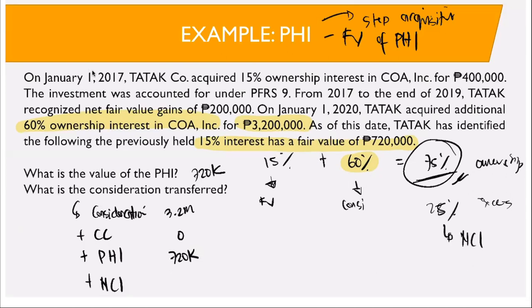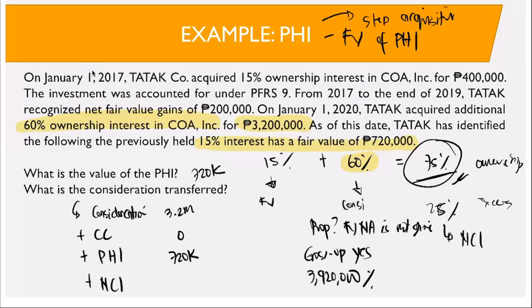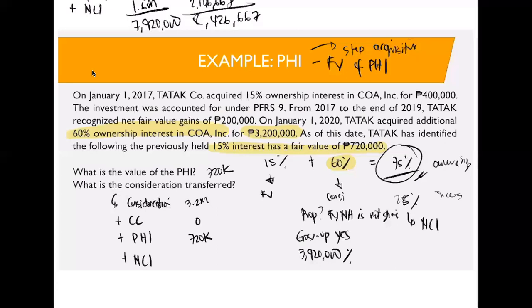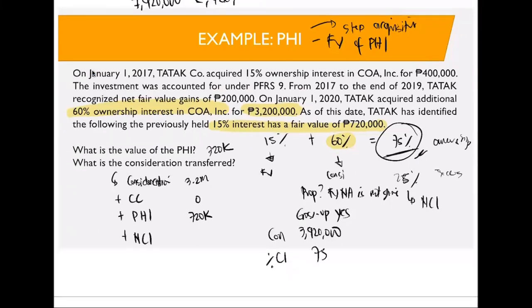So using the problem, can we use proportionate? No, we cannot use proportionate. Why? Because the FVNA is not given. Can we use gross up? Yes, because we know the consideration. What is the consideration given? 3,920,000. We divide it to your controlling interest, 75%.